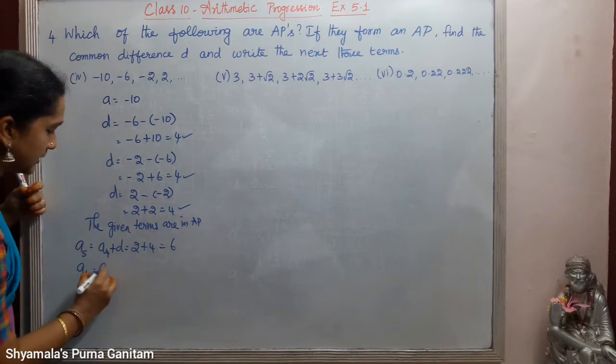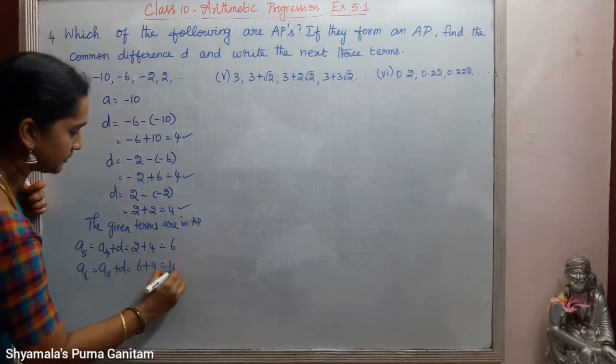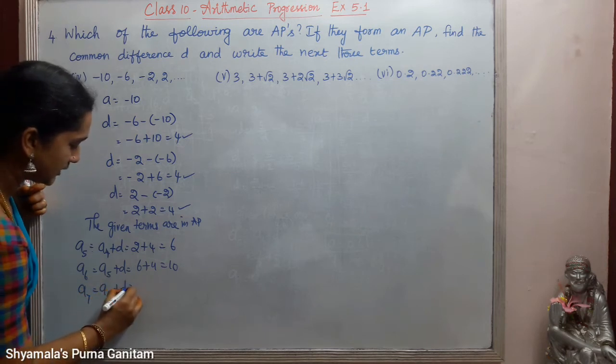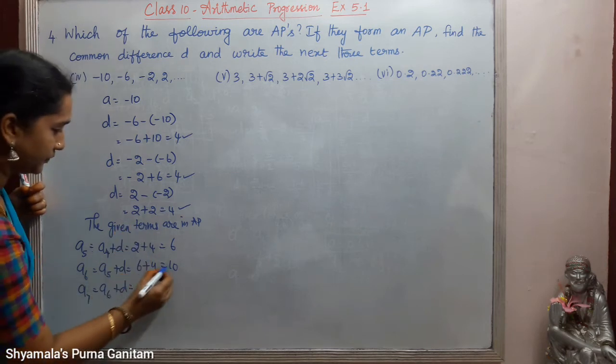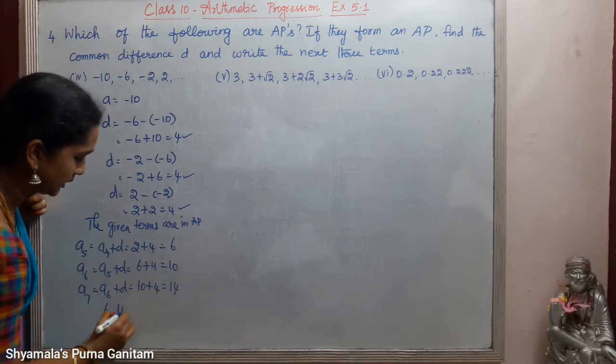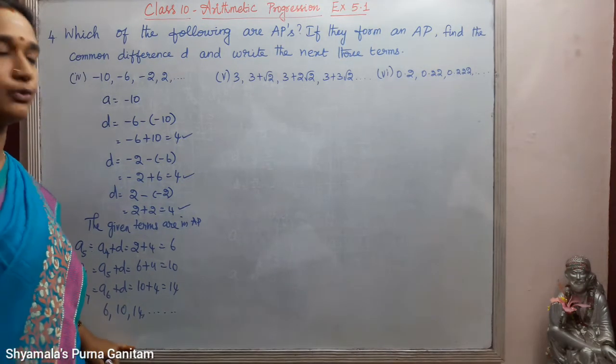Then A6 is A5 plus D. A5 is 6. 6 plus 4 is 10. Then A7 is A6 plus D. So A6 is 10. 10 plus 4 is equal to 14. So the next three terms of the given AP are 6, 10 and 14.